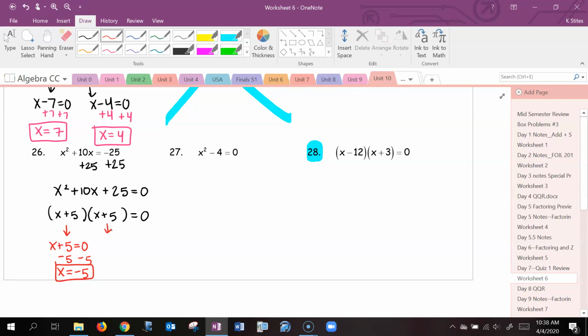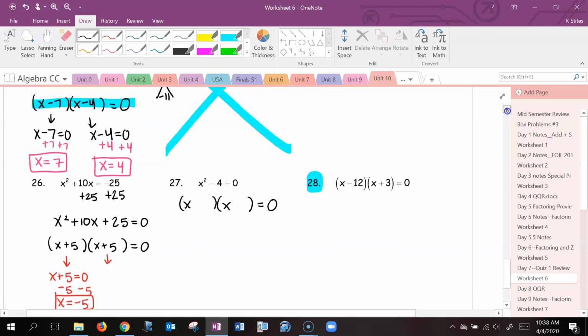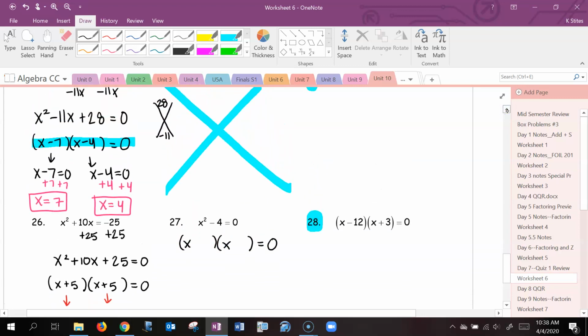All right, last one. We already have an equals 0 here, so I'm going to go straight to the factoring step. Here's my setup. I can do that every time once I have an equals 0. So I am multiplying to -4. And remember, this is like you have a 0x there. I'm adding to 0. And that's going to be a +2 and a -2.